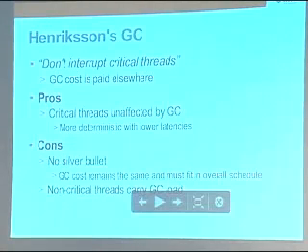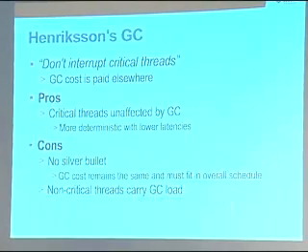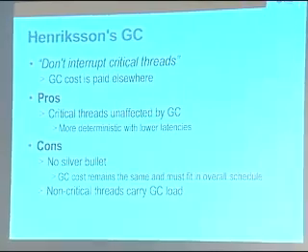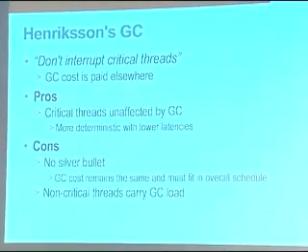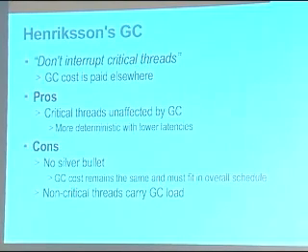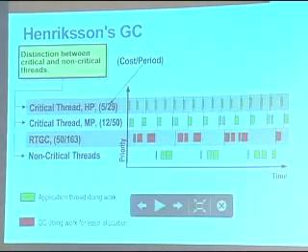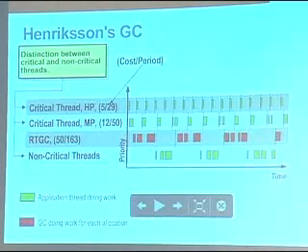The Lund collector, or Hendrickson's GC, is such that because it's the lowest priority of the time-critical threads, the time-critical threads actually interrupt the garbage collector. Now, there has to be a little critical section there, of course, but that's the interesting point. Here's how that works.